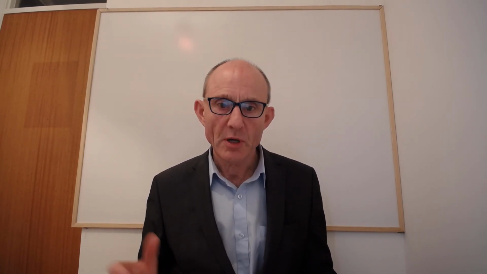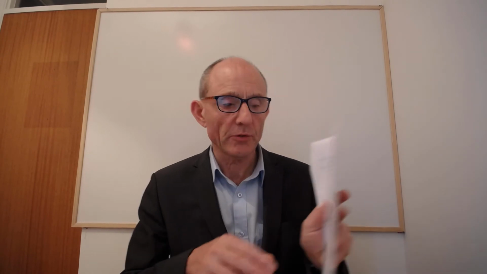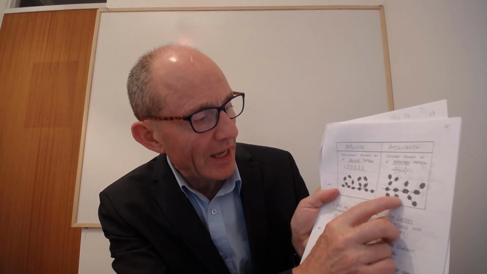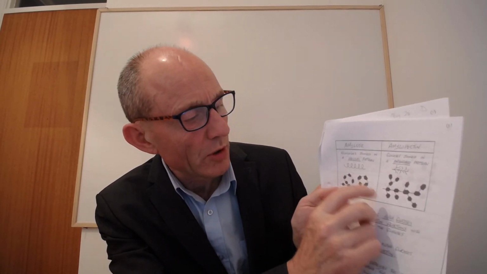In other words, why will amylopectin and glycogen provide you energy more quickly than amylose? The answer is to do with the fact that amylopectin and glycogen are branched. Because they're branched, there's more terminal glucoses. And what do I mean by terminal glucoses? I mean there's more glucoses at the ends.